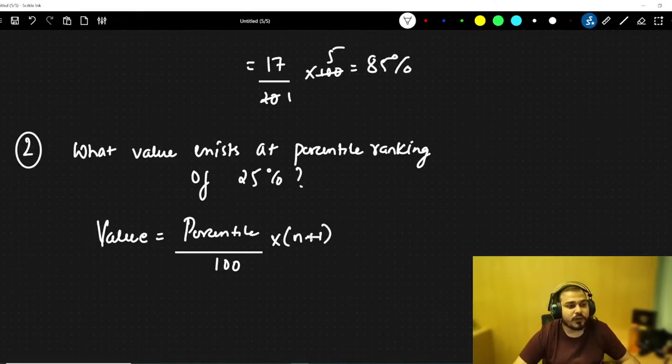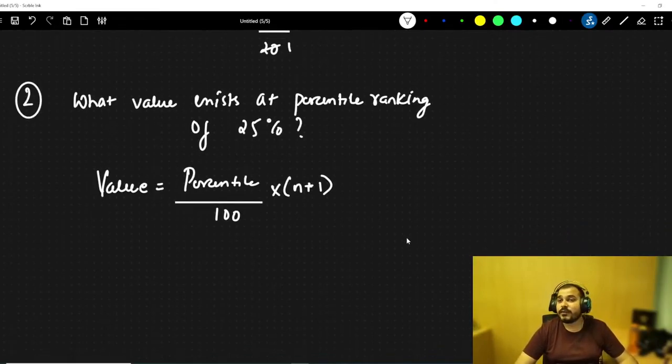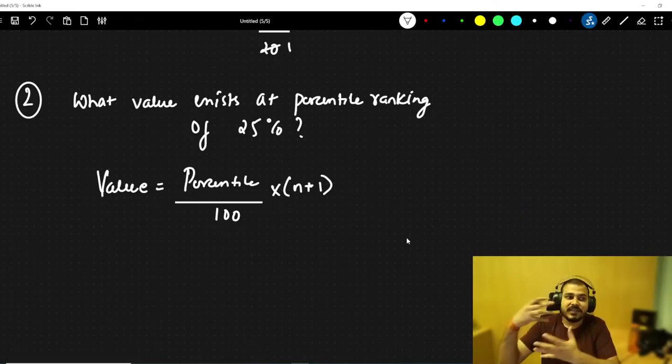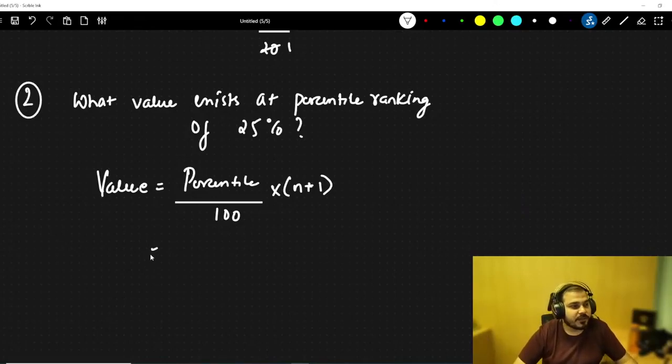Now see guys, I'm not going to derive the formula, why it is n plus 1. For sample variance, I'll discuss why n minus 1. But we really need to understand what things we are doing and how we are using them for a specific purpose. So percentile over here is 25 by 100 multiplied by 21.